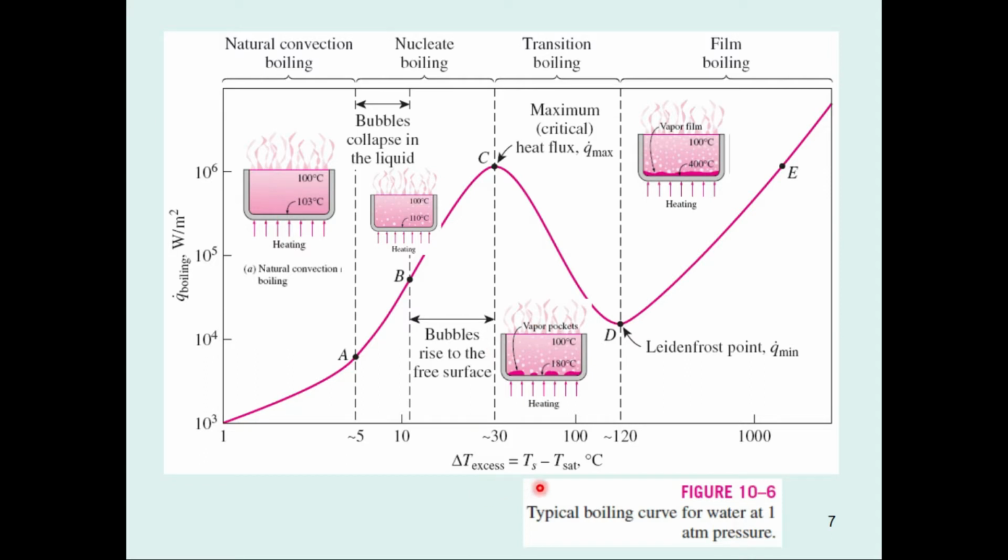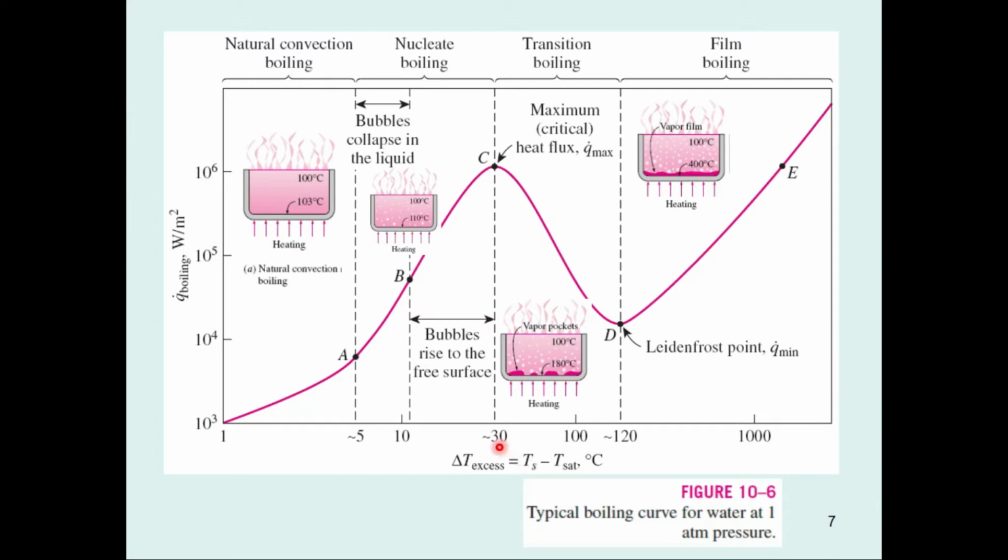First we have to look at the x-axis, which is the delta T excess, the difference between the surface temperature and the saturation temperature. If the delta T excess is between 1 to 5, this kind of boiling will be known as natural convection boiling. If the delta T excess is from 5 to 30, this will be known as nucleate boiling.